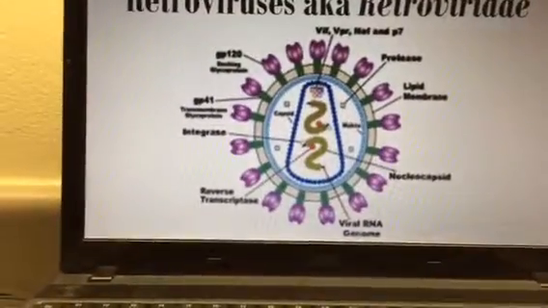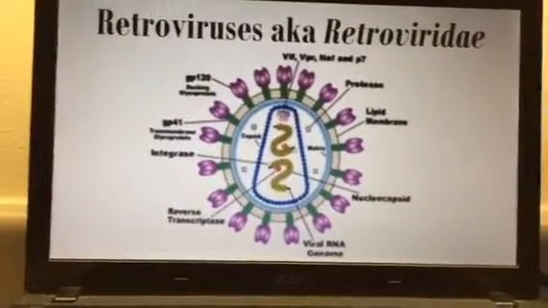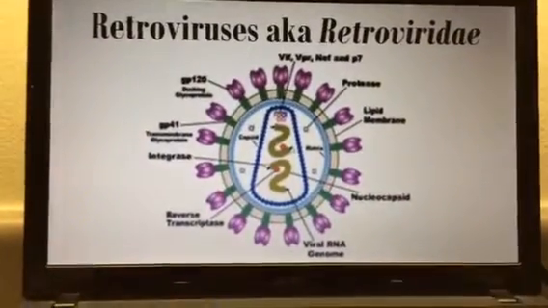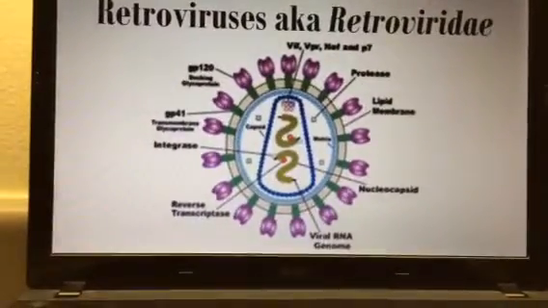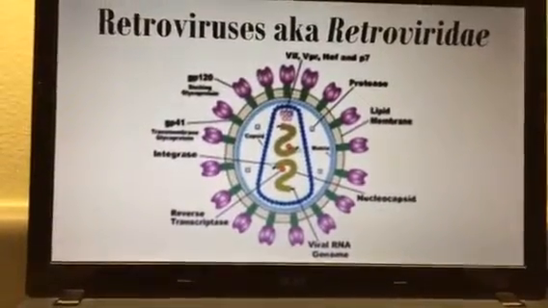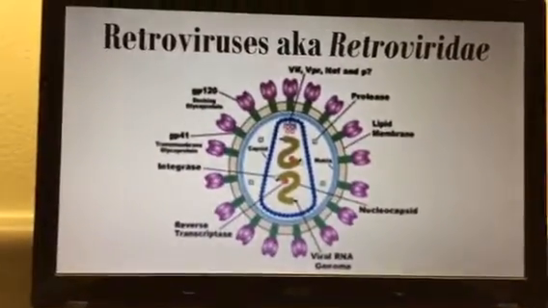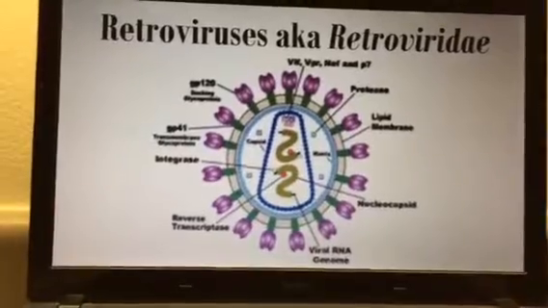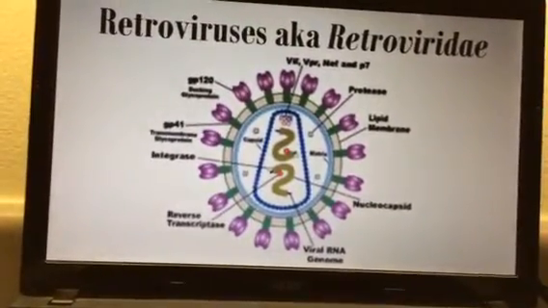Viral RNA attaches to a ribosome, and through a process called translation, it will translate the viral RNA into viral proteins. So once the proviral DNA is transcribed into mRNA, it is then translated into viral proteins.